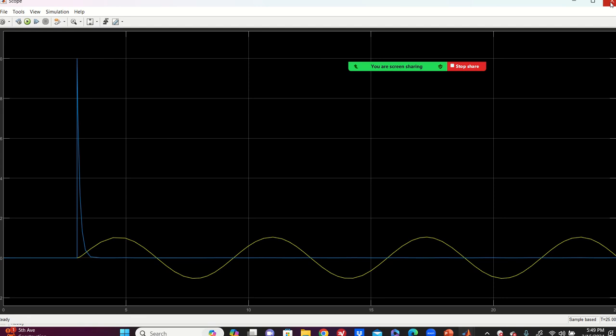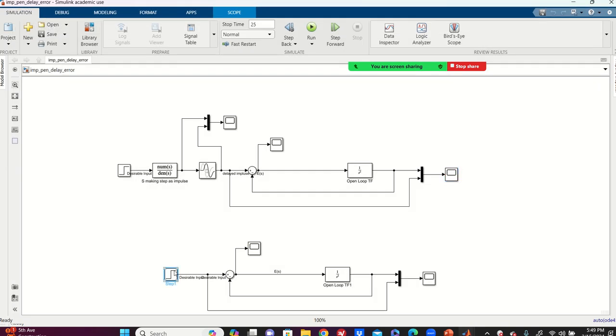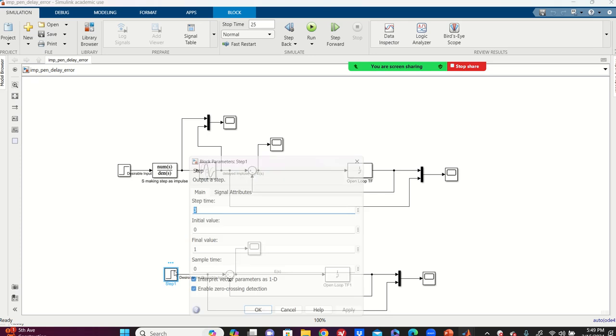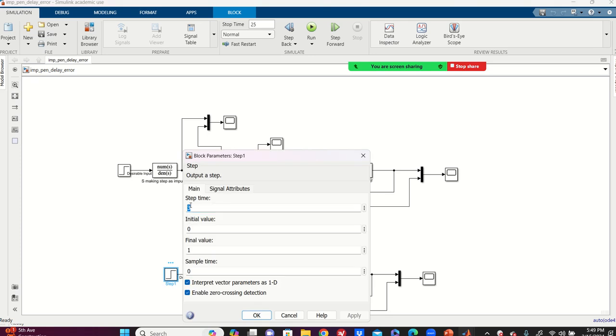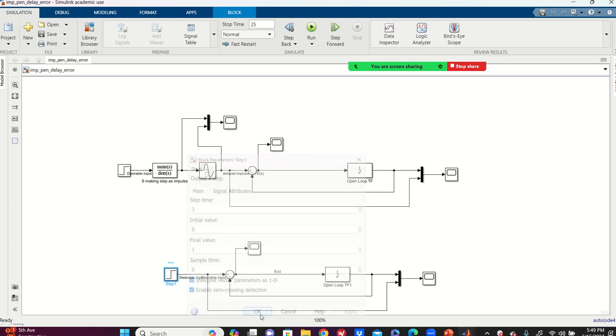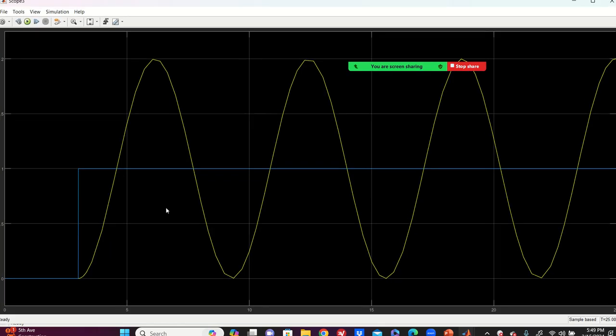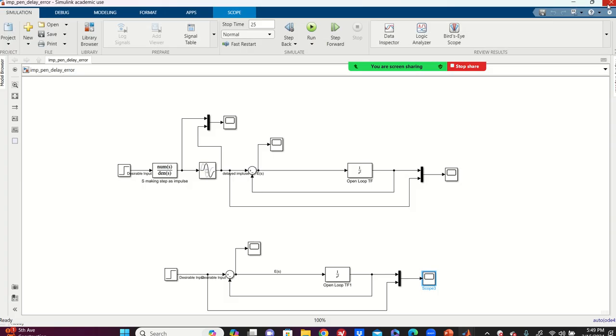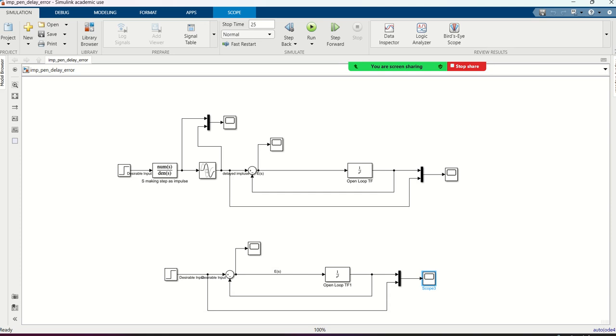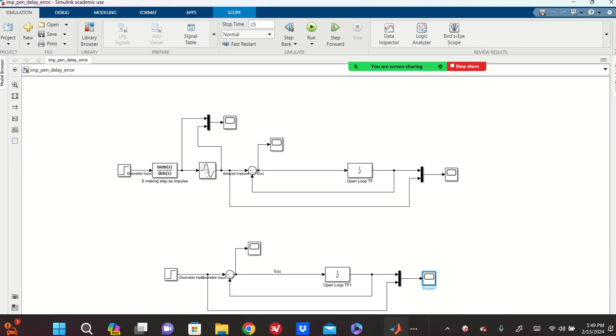You see that. And when you go to a delayed unity step, we create it by putting a step time of 3 here. Okay. Here we go. See that? And this is the unity step and oscillation. See what I'm saying? I have to fix the graph in the notes because that looks a little offset.